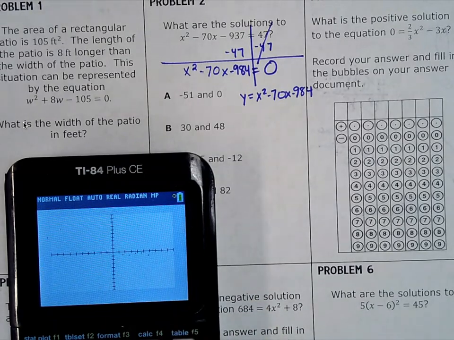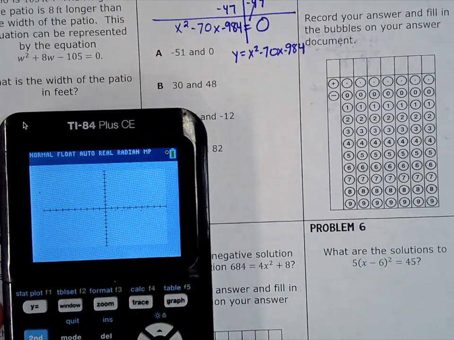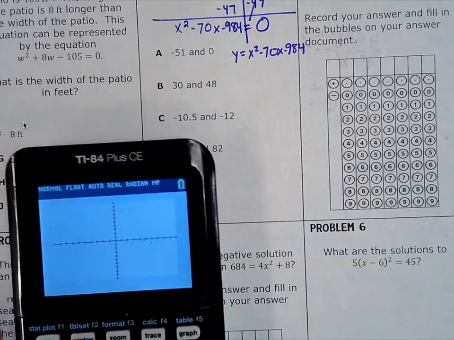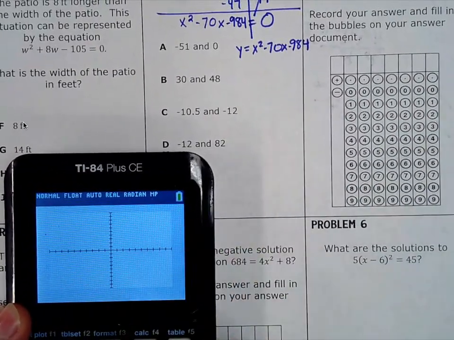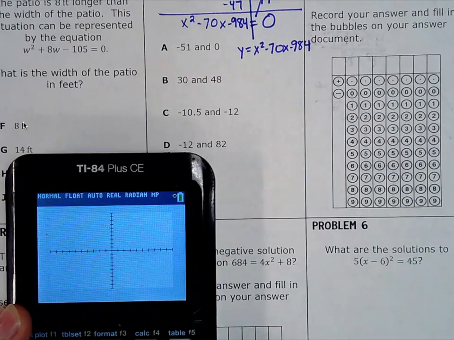Then look at the graph, and we're looking at where it crosses the x-axis. I can't see anything. Yep, we got to zoom out. Zoom 3.